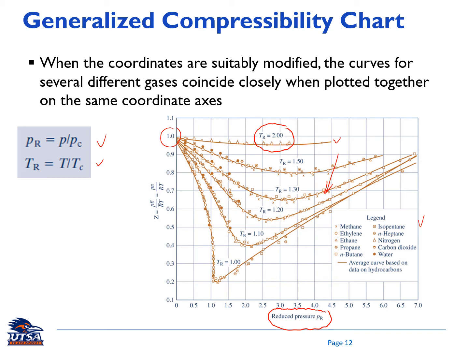Or, once again, if I have a lower pressure, so P over Pc decreases, it doesn't matter what the value of Tr is, then Z equals 1. So once again, Z is defined as PV over RT here.